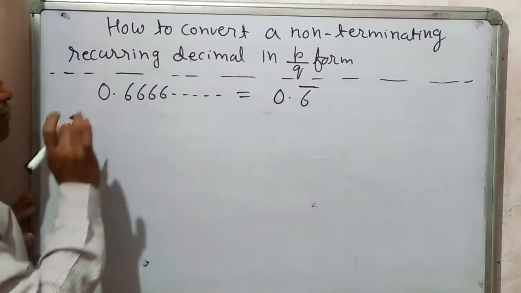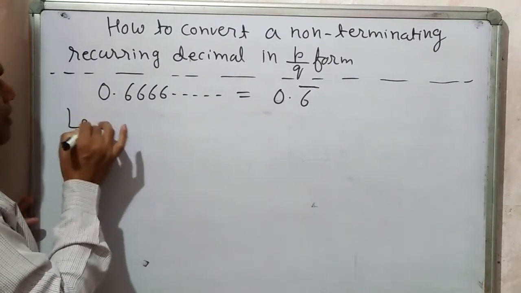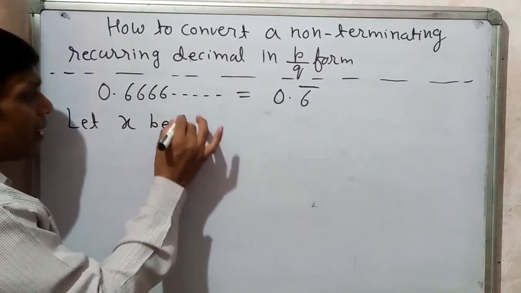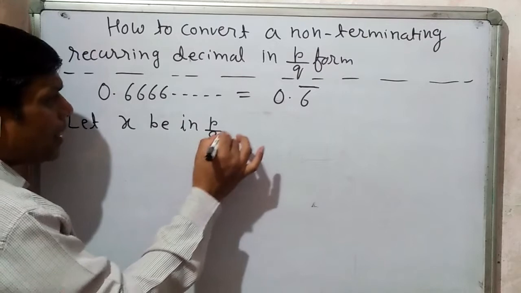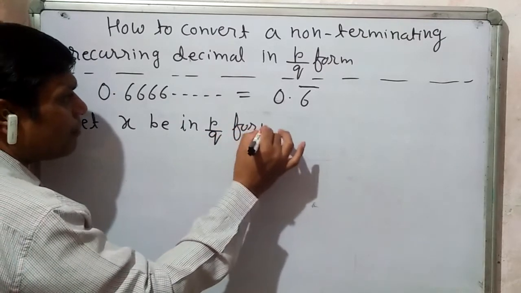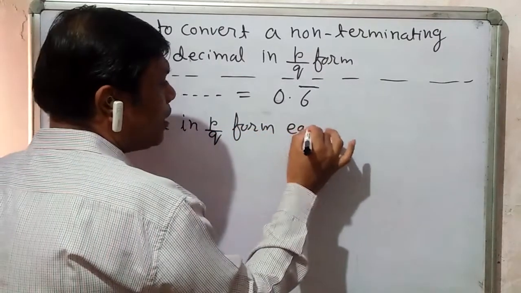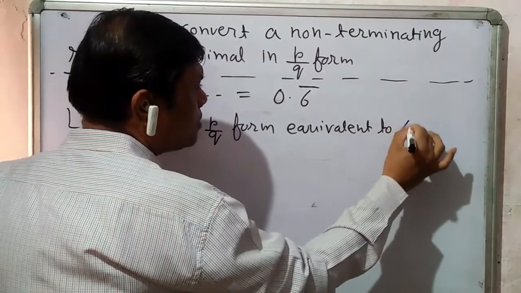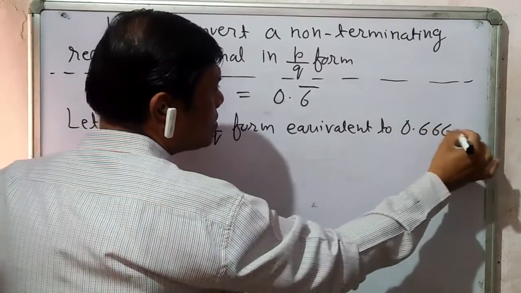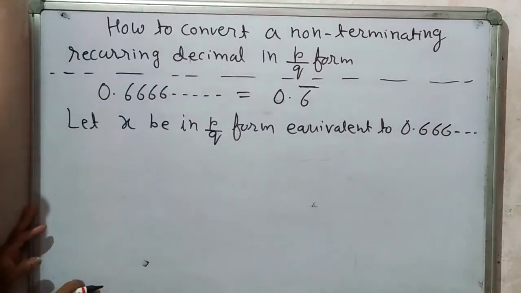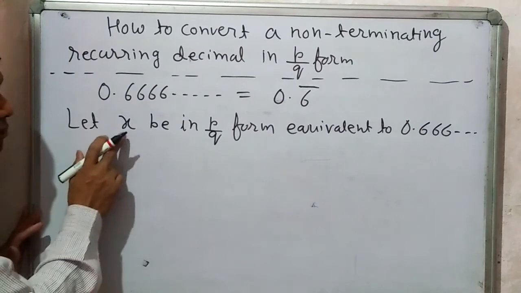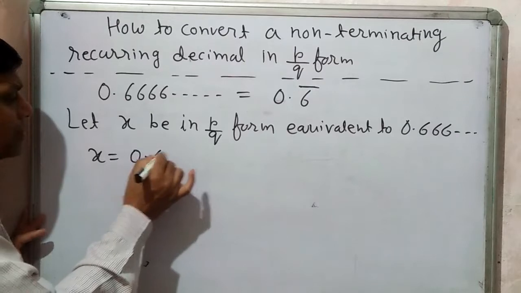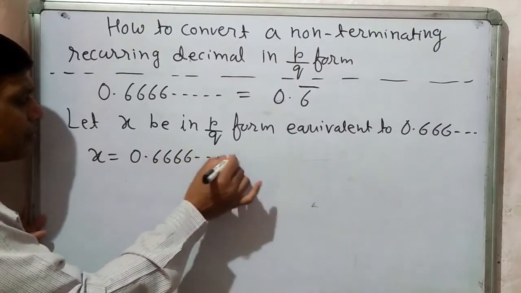First of all, let x be equivalent to 0.666 repeated. That means we can write x equals 0.666 repeated.